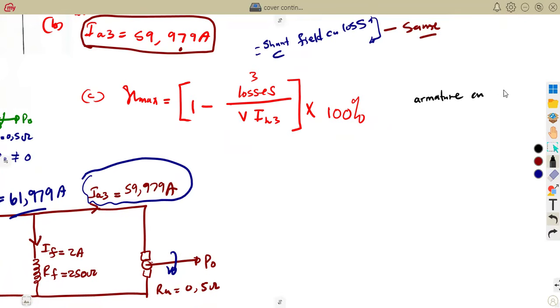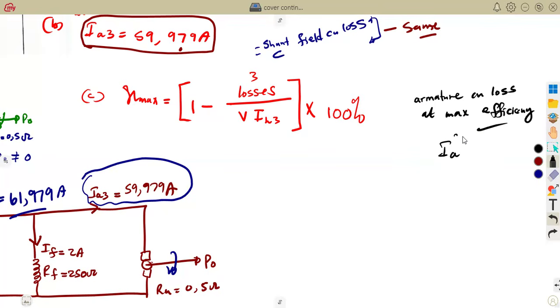As we know, our armature copper loss is from the armature current squared times the resistance of the armature circuit.